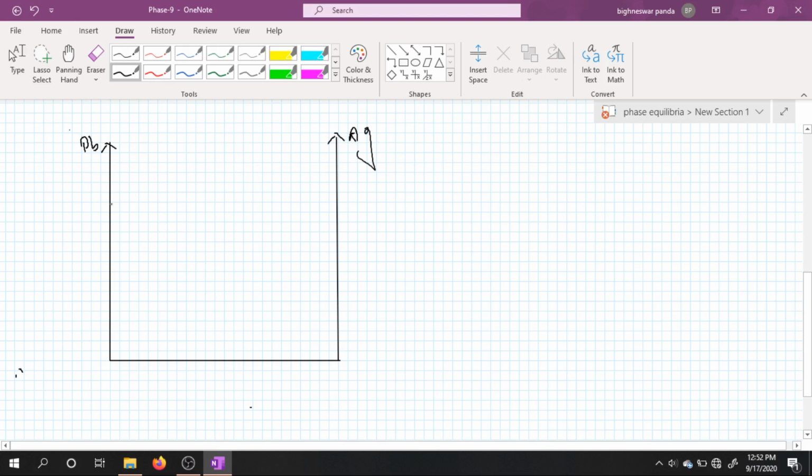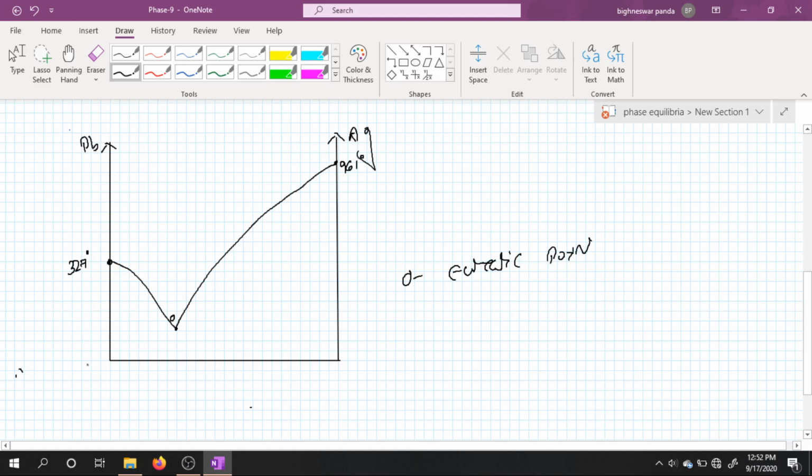Let's consider lead has a melting point of 327 degrees Celsius, silver has a melting point of 961 degrees Celsius. So our graph will be like this, and this is the point O. O is the eutectic.